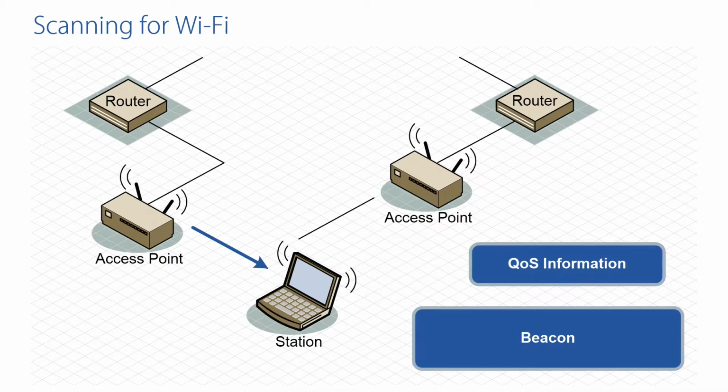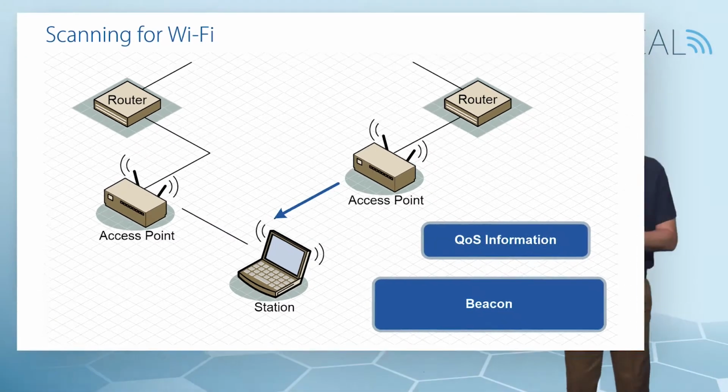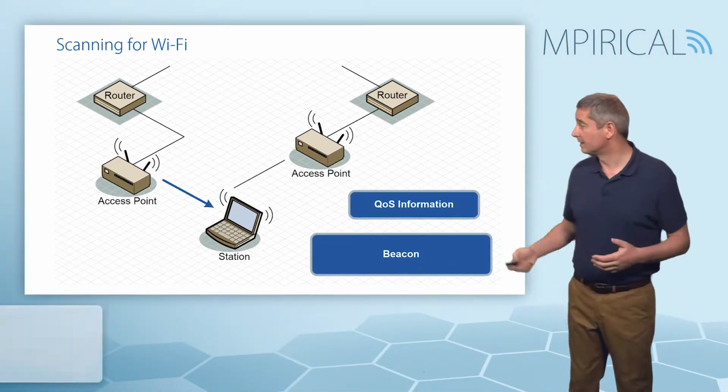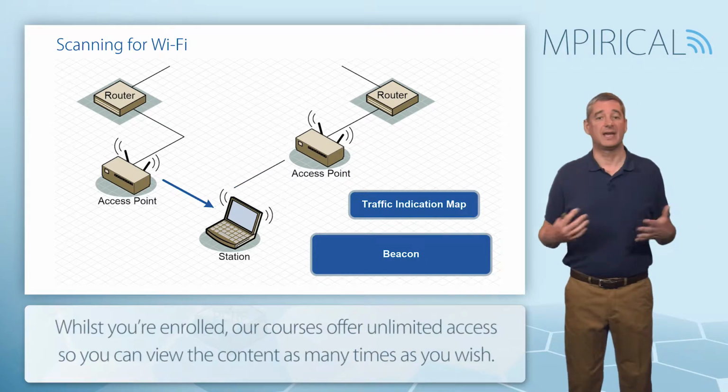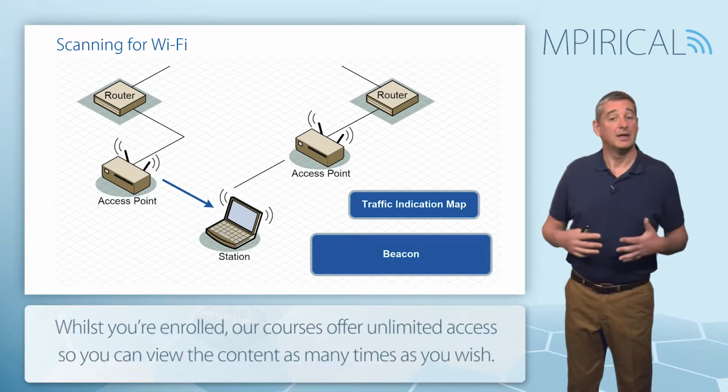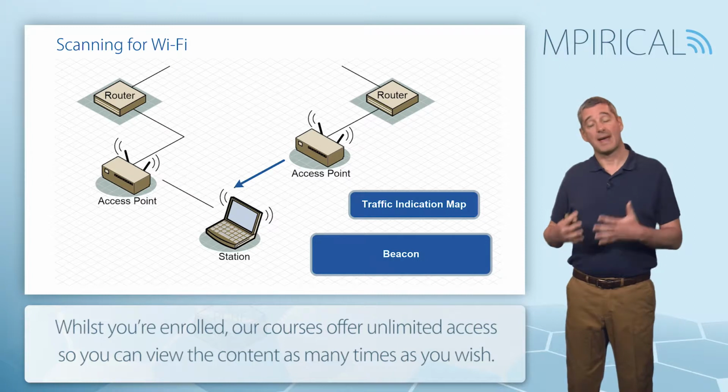We may also include quality of service information, but this will only be included in those access points which are supporting quality of service methodologies. And finally, we have the traffic indication map, or the TIM. This is used by stations in power save mode.